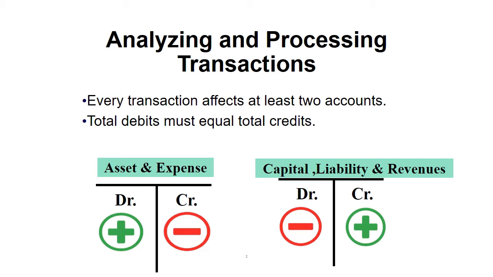If there is an increase, it is credited. If there is a decrease, it is debited. So keeping these rules in mind, we are going to now analyze the business transactions and find out which account will be debited and which account will be credited.